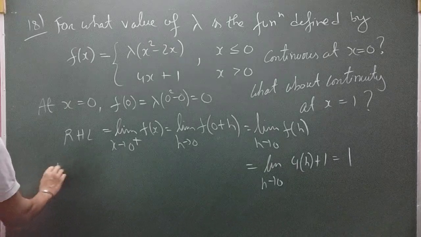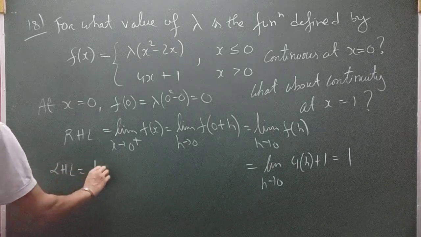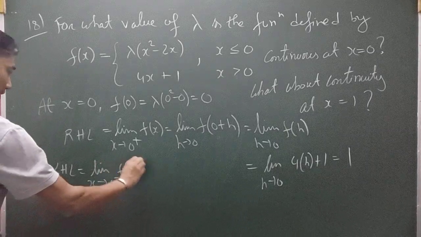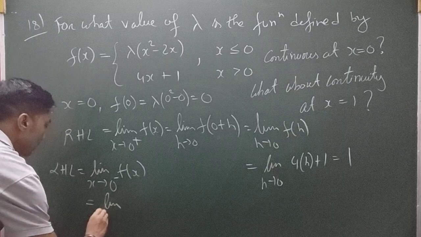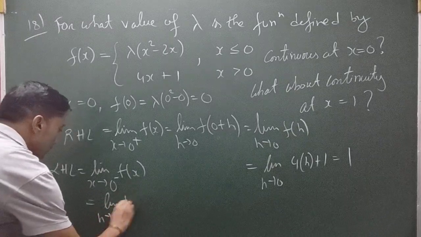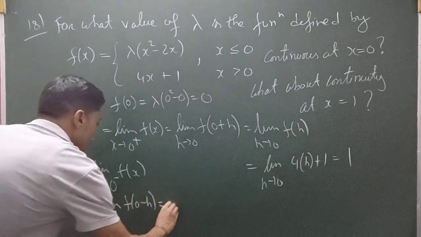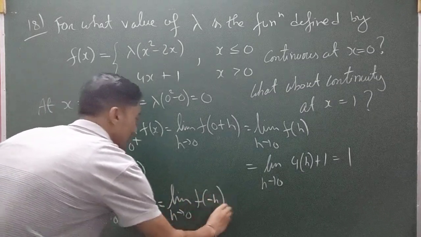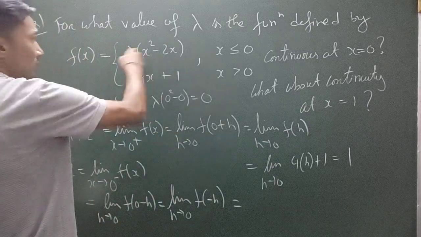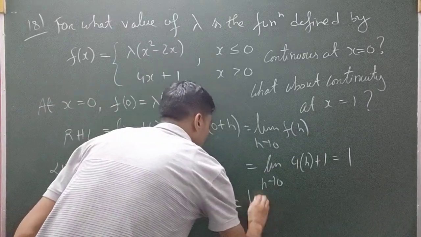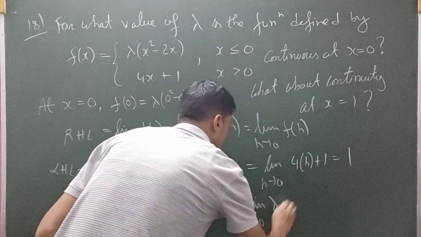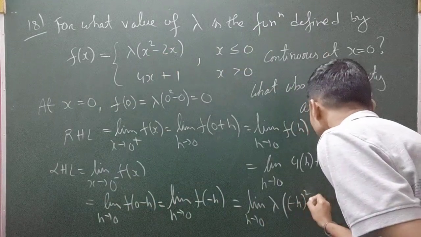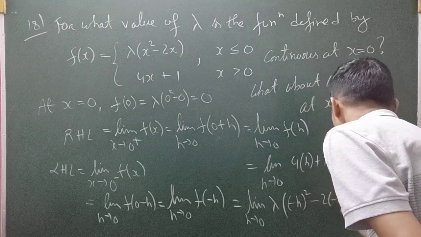Alright. Left hand limit. Of course it's not continuous, we can clearly see that, but I'll just finish it up. That will be the limit as h tends to 0 of f of 0 minus h, which is f of minus h, slightly less than 0. That's the limit as h tends to 0 of lambda into minus h square minus 2 into minus h.